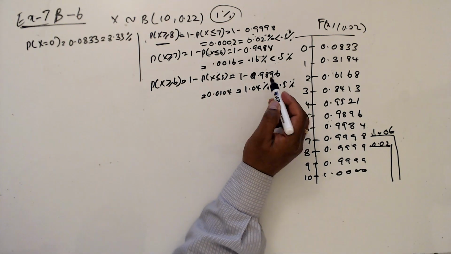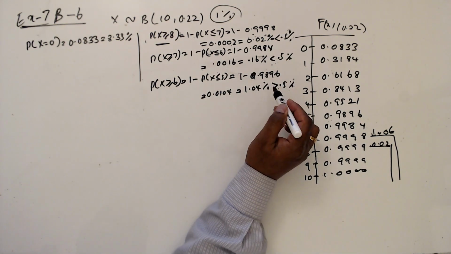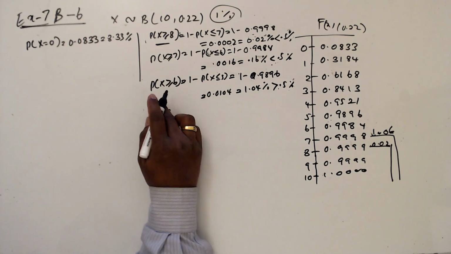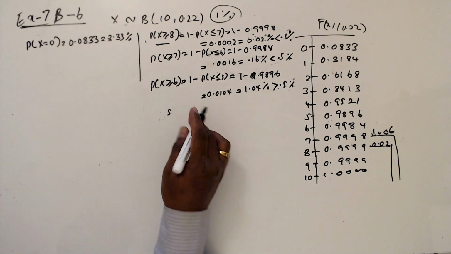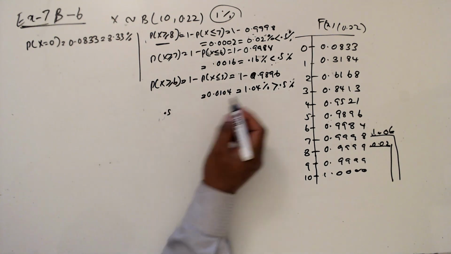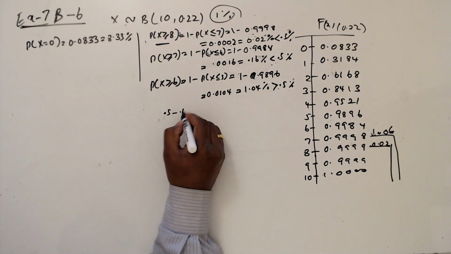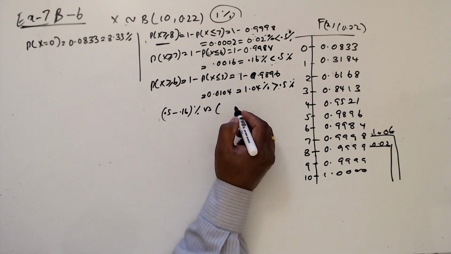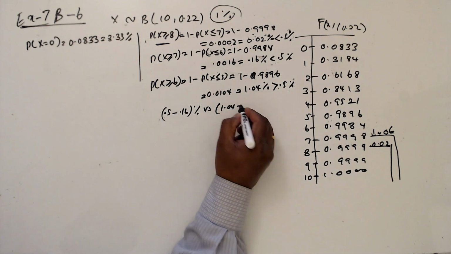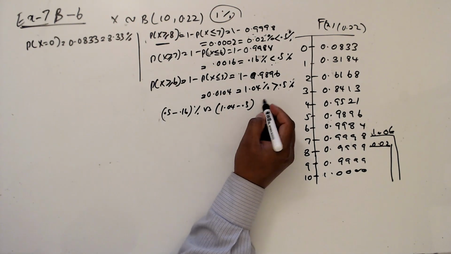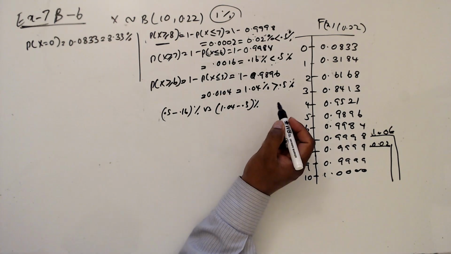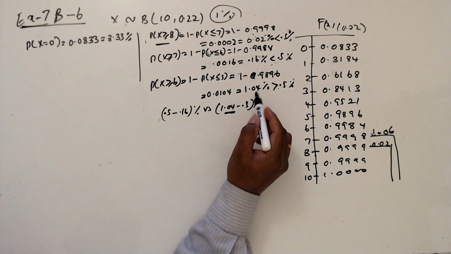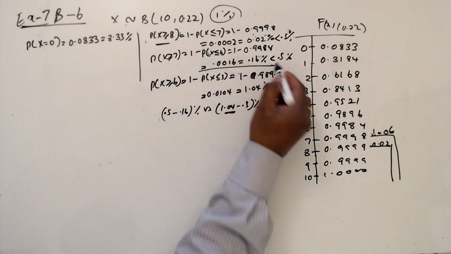Now when you look at which one is closer to 0.5, it is 0.5 minus 0.16 in percentage versus 1.04 minus 0.5%. So now we can see that this is bigger, hence we have to stay with this one.